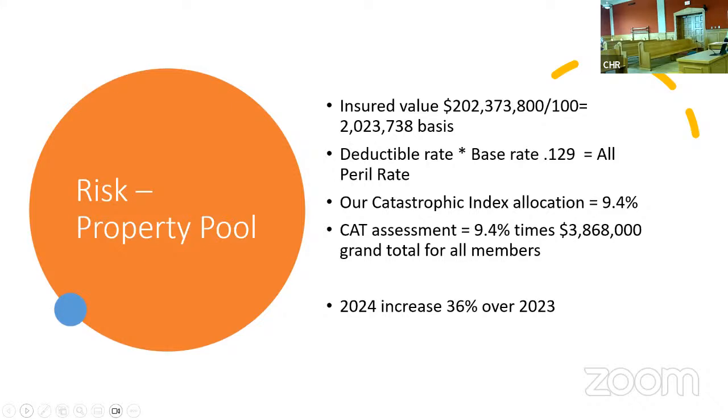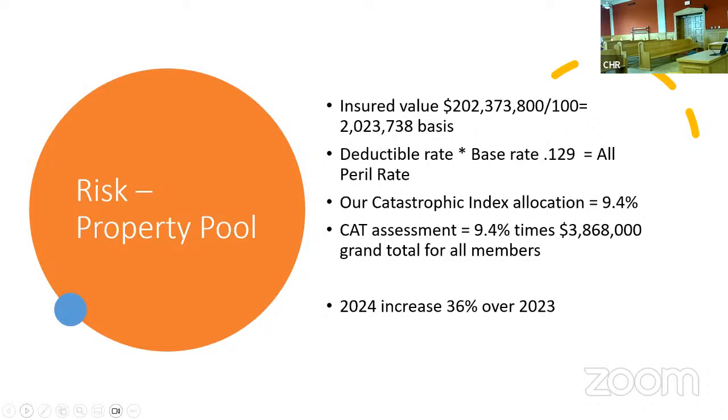The property insurance is very volatile right now. I bet you thought you were being outlandish at the 30. I was hoping I was being outlandish, but I wasn't. So it came in at 36%.